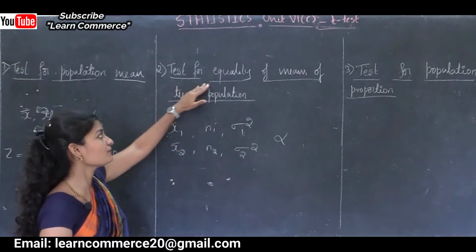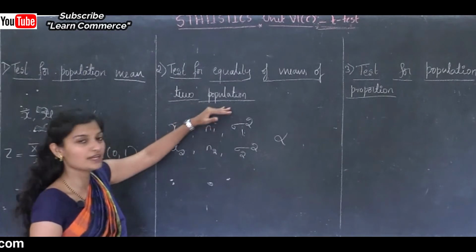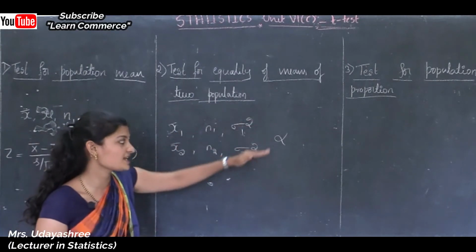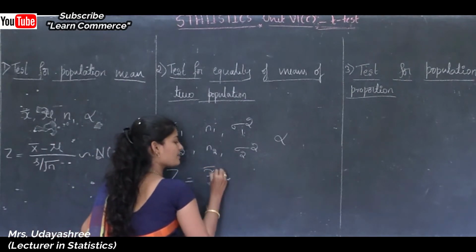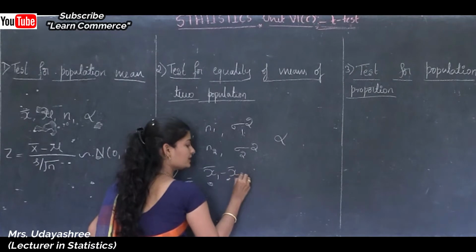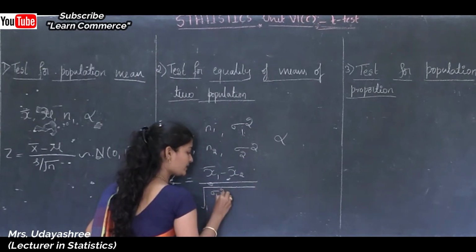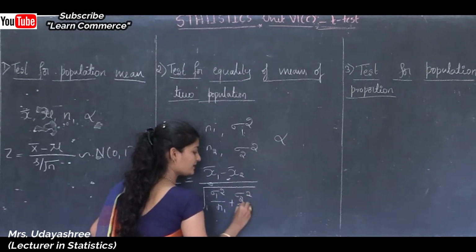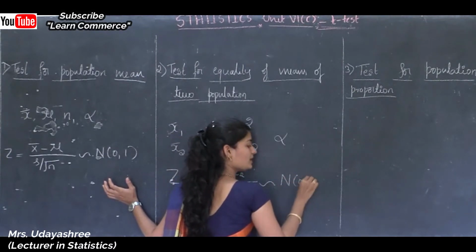Then it is test for equality of means of two populations, since two sets of observations are given. The formula is z is equal to x bar 1 minus x bar 2 divided by square root of sigma 1 square divided by n1 plus sigma 2 square divided by n2, which follows normal 0, 1.